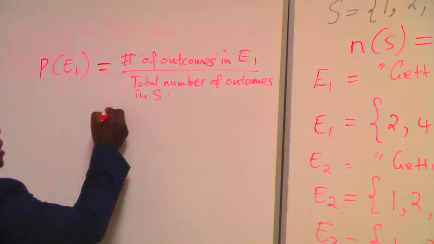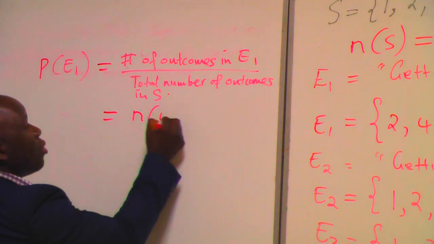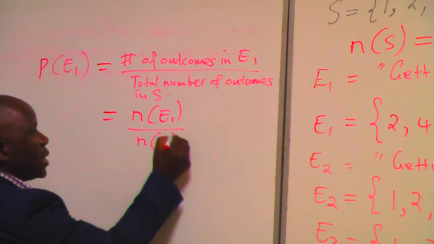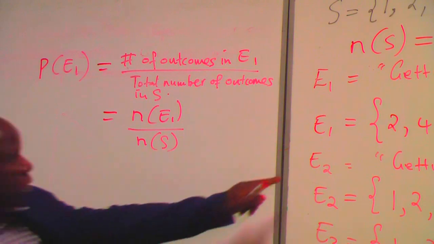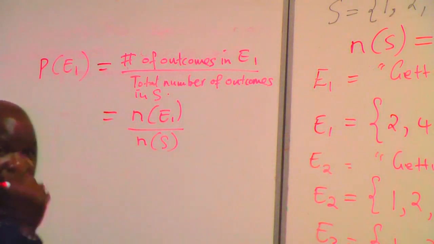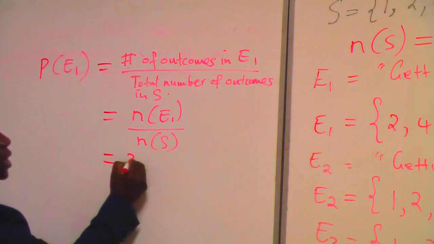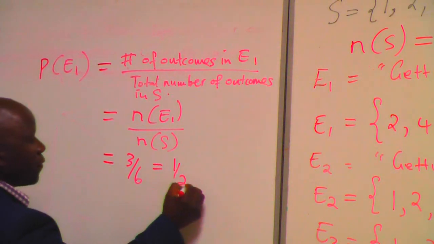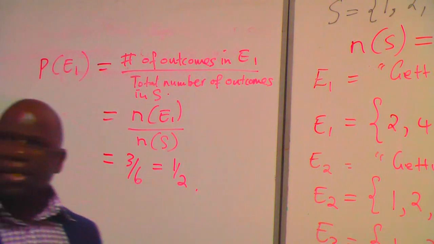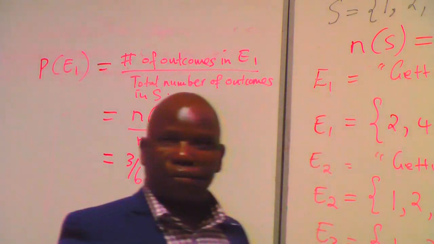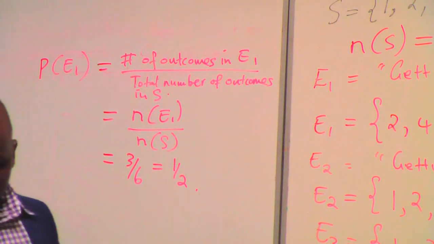So in other words, it is the number of elements or cardinality of E1 divided by the number of elements in the sample space. How many elements do we have in E1? There are 3. So it will be equal to 3 divided by the total number 6, which is equal to half. So there is a 50% chance that we are going to pick an even number from this particular experiment.